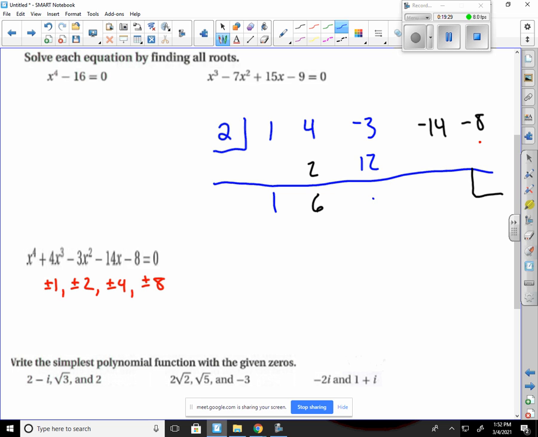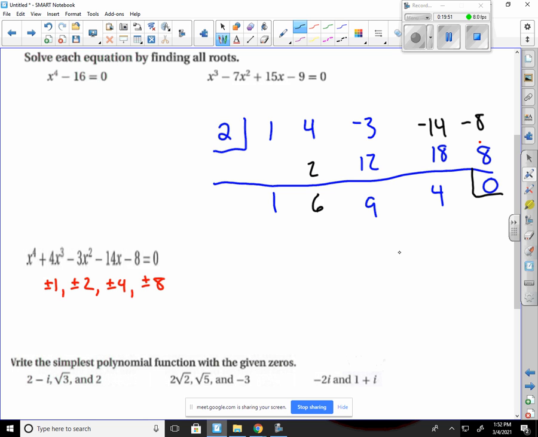Negative 3 plus 12 is 9. 2 times 9 is 18. Negative 14 plus 18 is 4. And 2 times 4 is 8. Negative 8 plus 8 is 0, so there's no remainder.